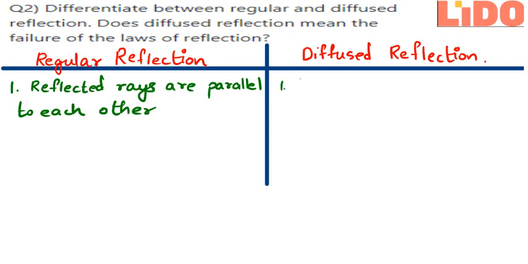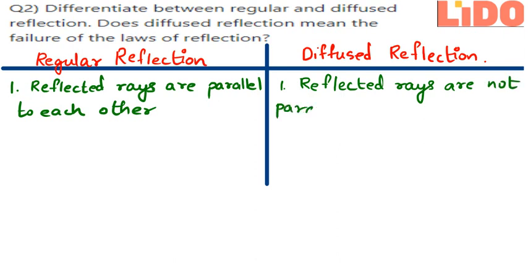So in regular reflection, reflected rays are parallel, whereas in diffused reflection, reflected rays are not parallel to each other.